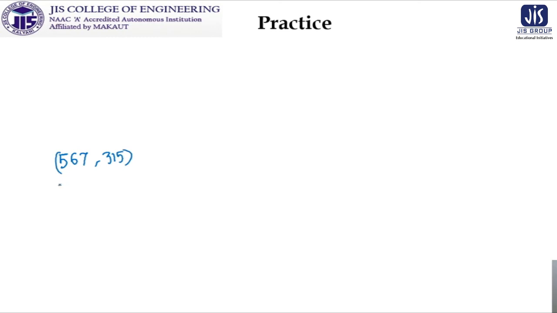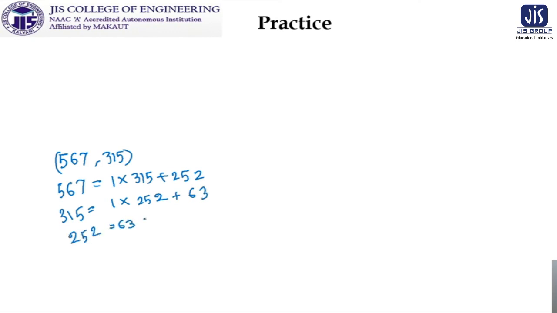So what can we write? 567 is equal to 1 into 315 plus 252. Then 315 can be written as 1 into 252 plus 63. Then 252 can be written as 63 into 4 plus 0. So what will be our GCD? 63.